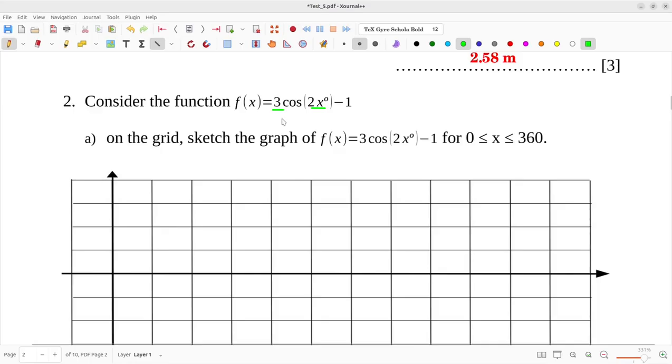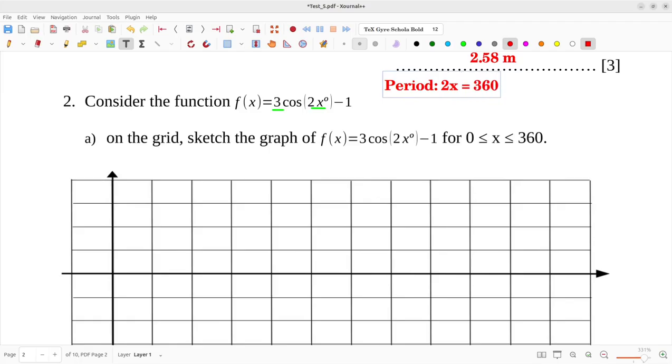First things first, let's find the stepping here. To find your stepping, you first find the period. For your period, take whatever is in the brackets, which in our case is 2x, equated to 360.